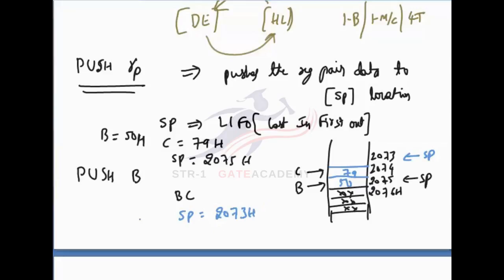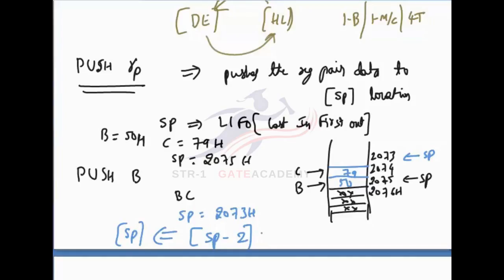This operation explains the stack pointer is decremented by 2, because one address location is this one, another address location is the C register. So completely 2 bytes are stored here, and the next available location is 2073. Every push operation, the stack pointer is decremented by 2.